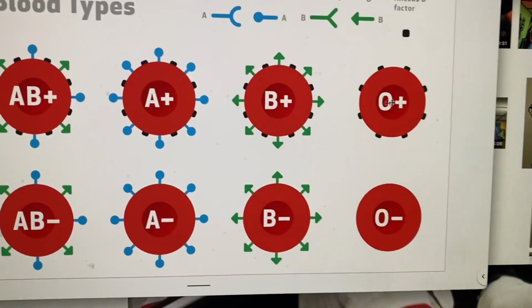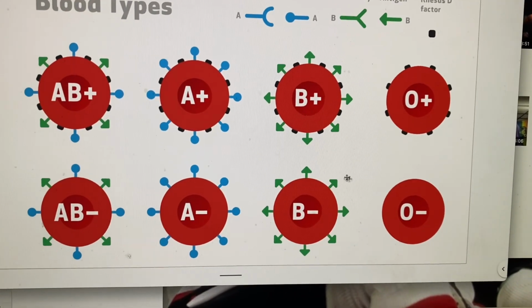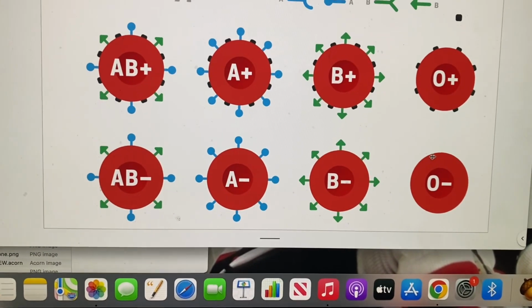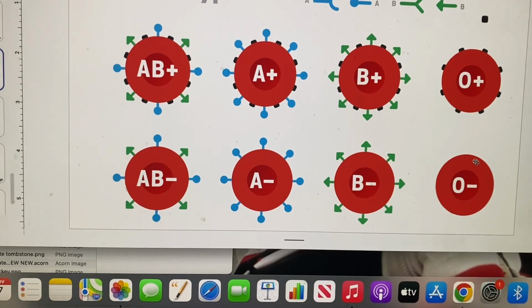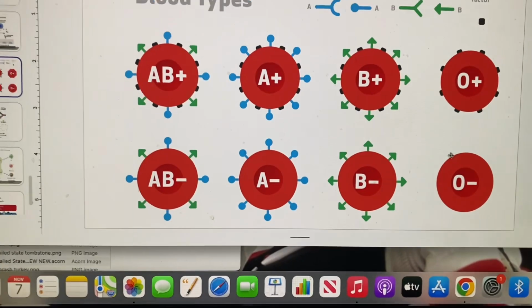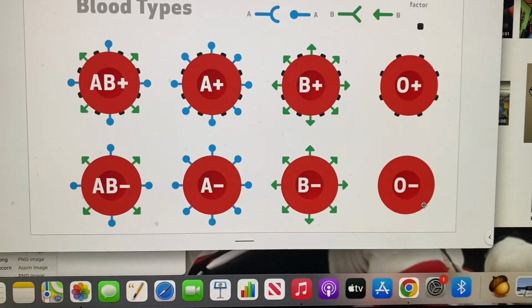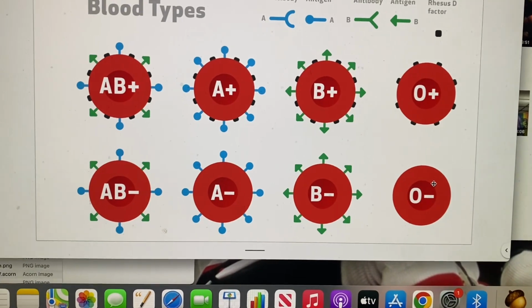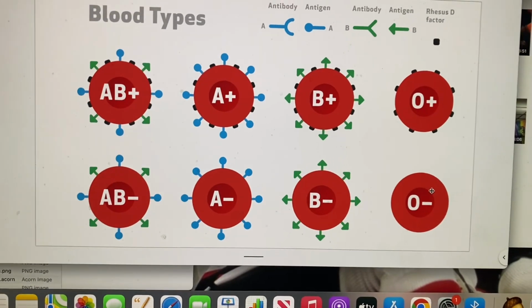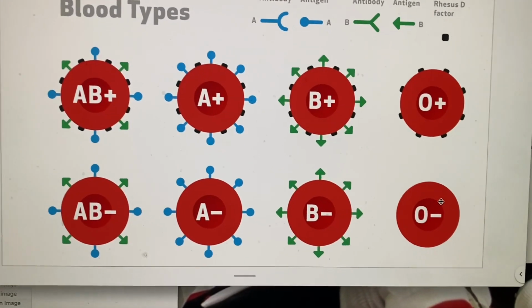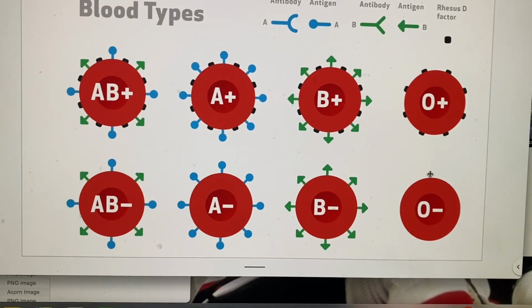And if you're O, that means you don't have any. So O negative is kind of the naked cell. There are no antigens on the outside of that cell. That's one of the reasons why O negative is the universal donor. You can give that blood to anybody, and their immune system won't recognize it as anything because there are no antigens.